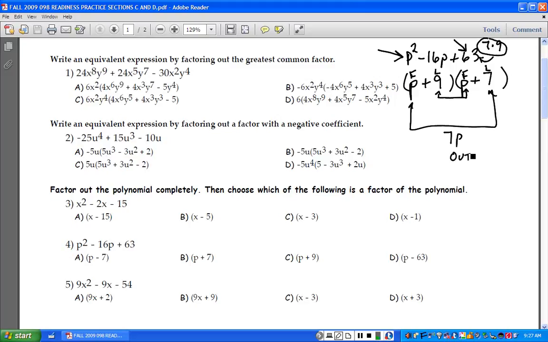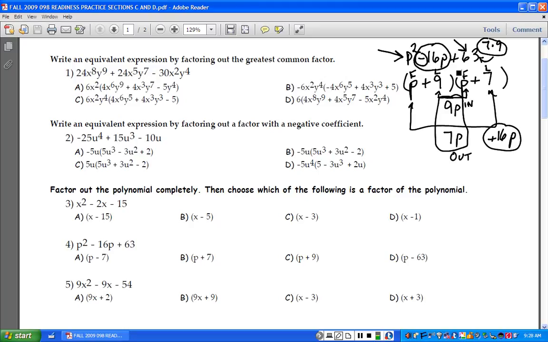And 9 times p, 9p, and there's our inside. When we combine these two, we get 16p, which is good. But here's the thing, when we combine them, we get a positive 16p. But in the initial problem, we want a negative 16p. So when we run our check on our outside and inside, we're not getting the middle term that we want. So we have to change some things.